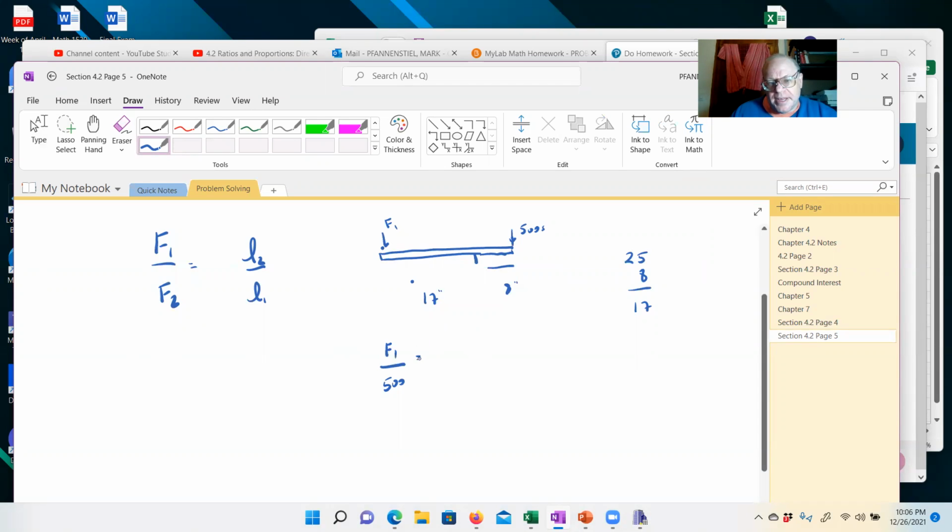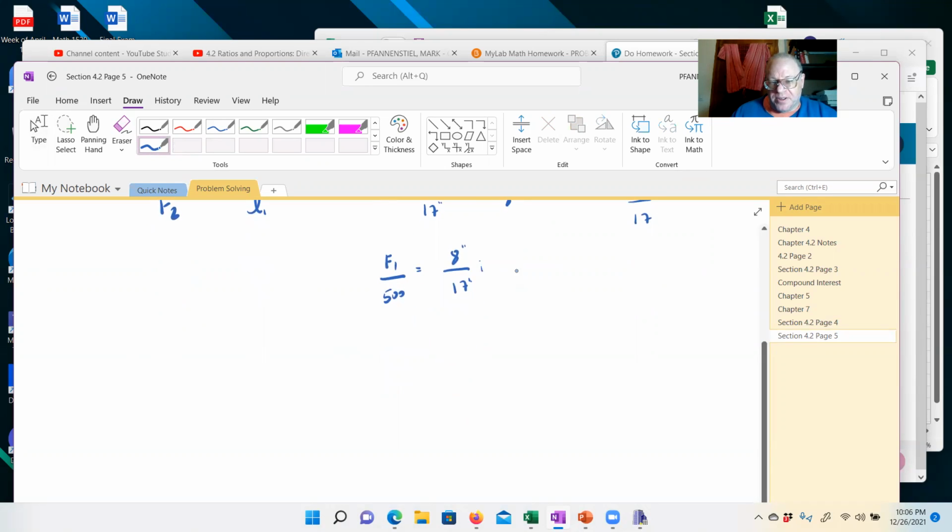Okay. And then equals L2, that's going to be 8 inches divided by 17 inches. So again, we look at this, we say, okay, well, 17 F1 cross multiplying is equal to 500 times 8. What is 500 times 8?